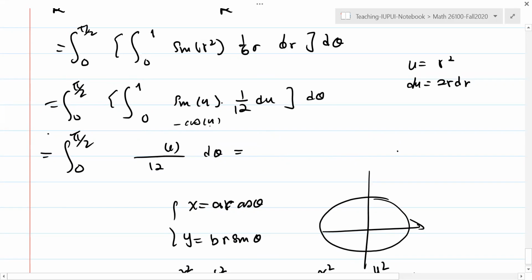Cosine 0 is 1, so it's 1 minus cosine 1. Clear? It's evaluated at the two end points. So it's going to be π over 24 times 1 minus cosine 1.